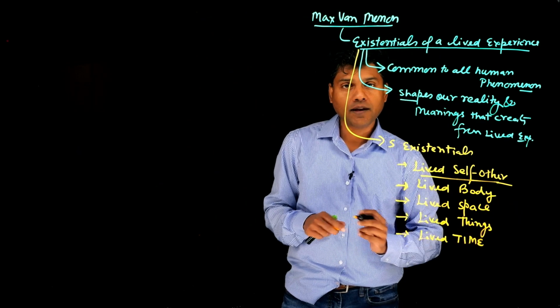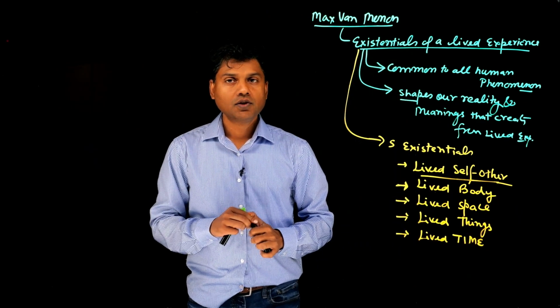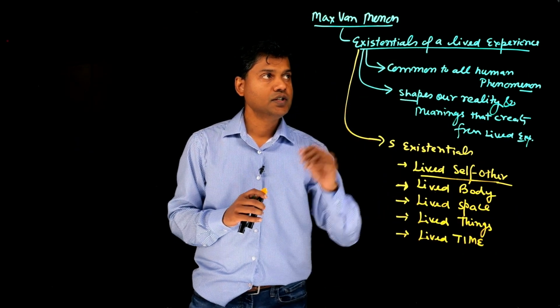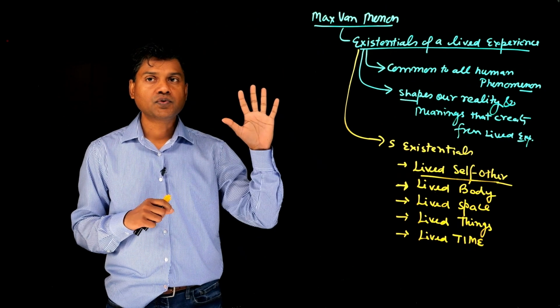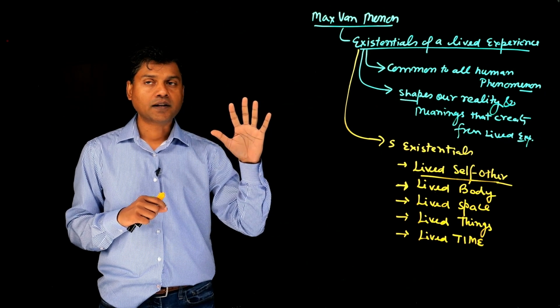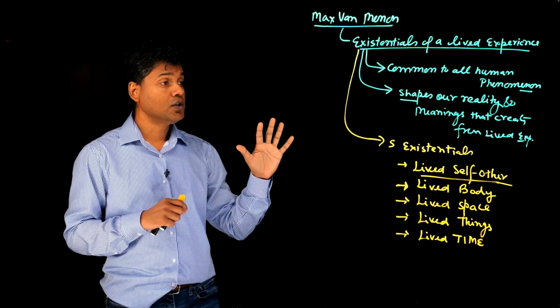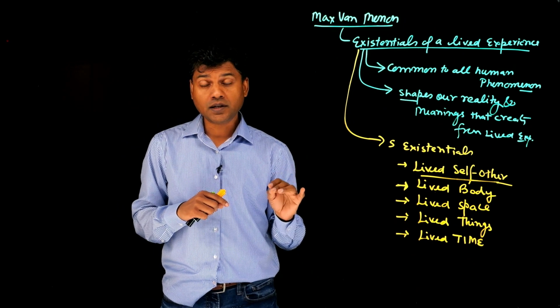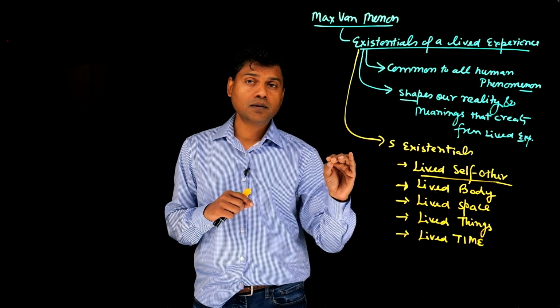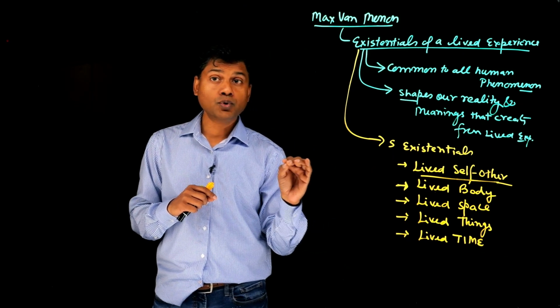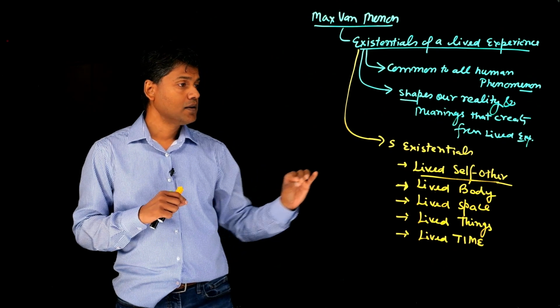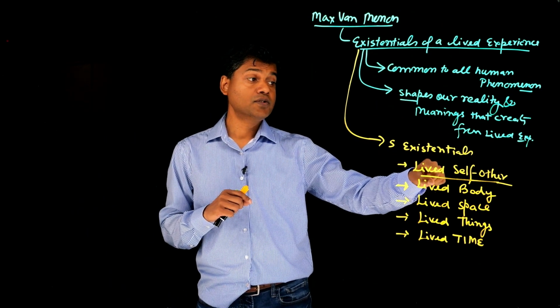or temporality. So in these existentials, he talks about these 5 elements that can help you when you are analyzing your data to get underneath the meanings of those experiences. The first one is lived self-other.